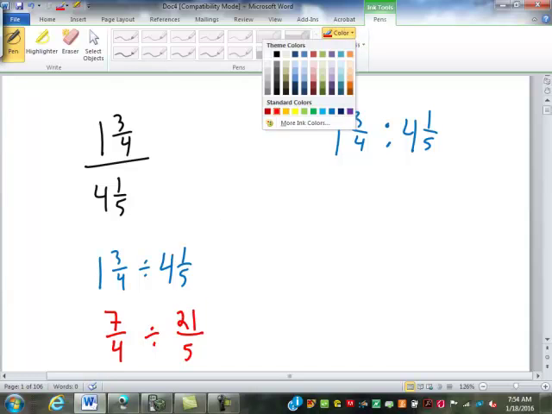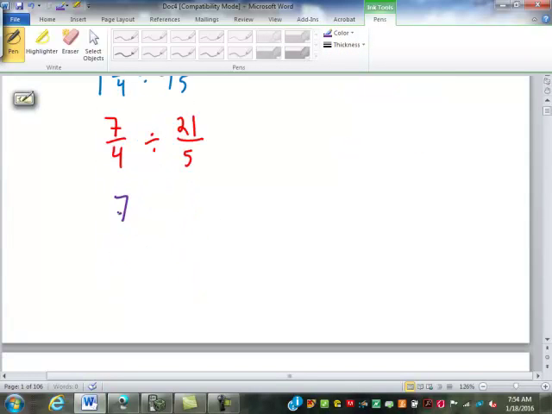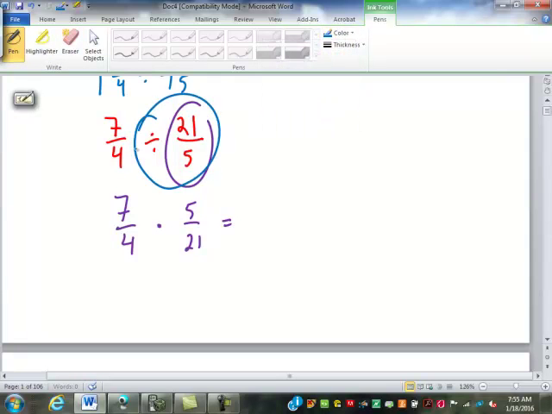21. Now to complete that division, I keep the 7/4, and I invert and multiply. So I take the reciprocal of 21/5, which is 5 over 21, and now I'm multiplying. Dividing by a fraction, you multiply by its reciprocal.